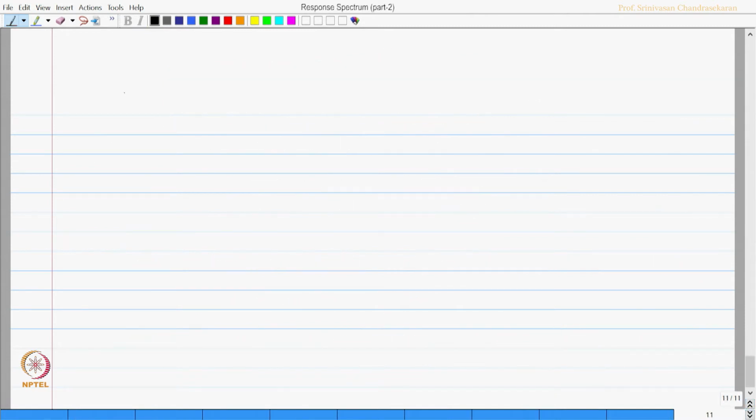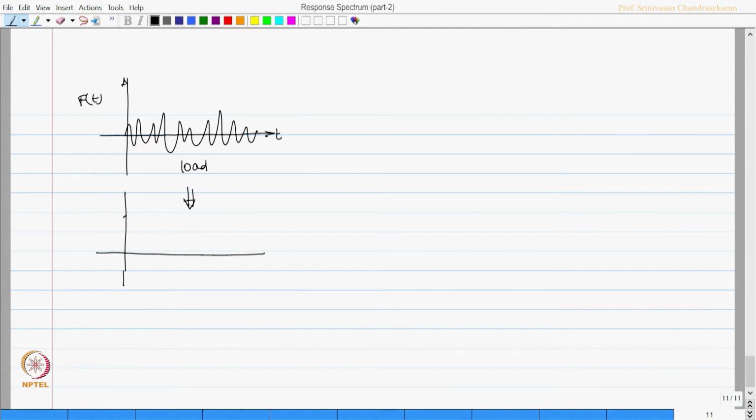Let us say I have f of t, which can be a signal like this on a time scale representing f of t. Let us say this is my load. I take an autocorrelation of this. The autocorrelation function typically comes like this.